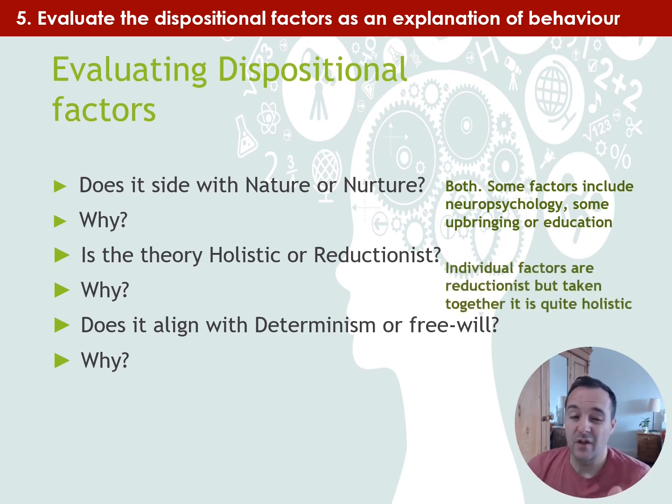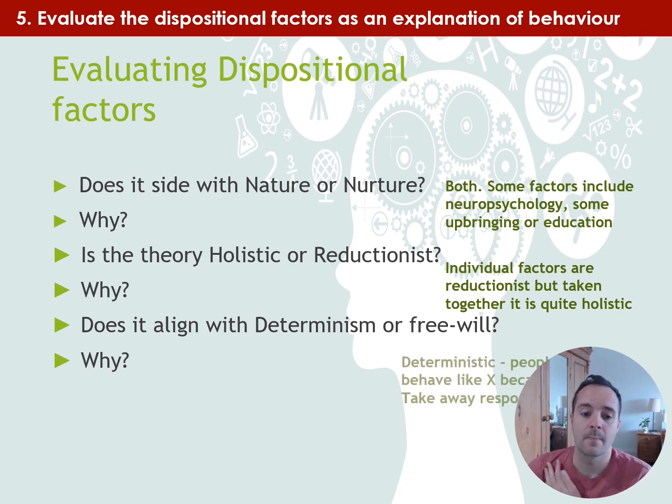It's also a fairly holistic theory if you take dispositional factors as a whole. Each of the individual explanations might be reductionist, but because you're looking at 4 different explanations for people's behaviour, plus looking at nature and nurture, you could argue dispositional factors is a holistic idea.